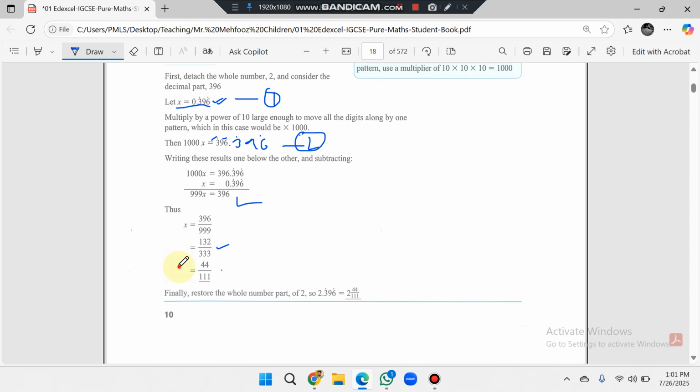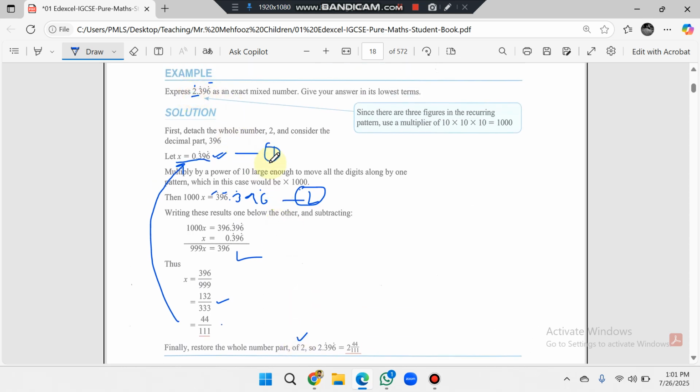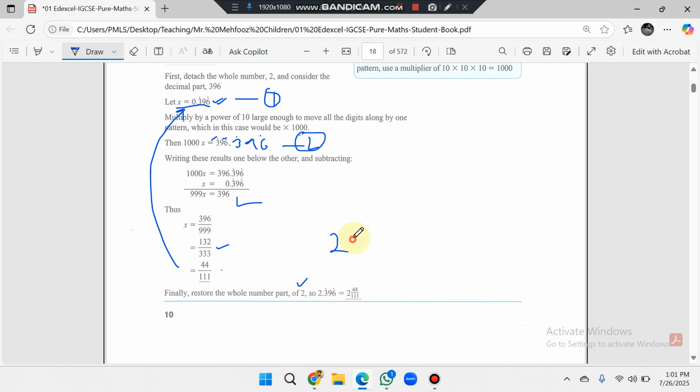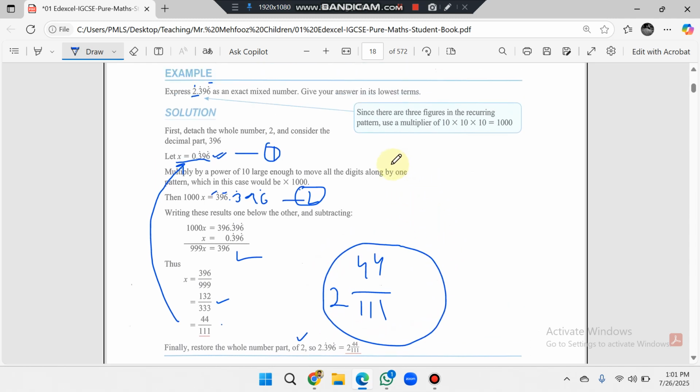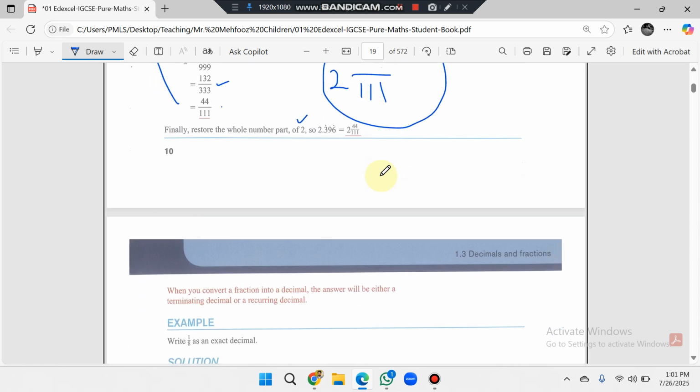So this is the value of x. But we also have the whole number part, as we skipped it in the question, so we write 2 whole 44 over 111. This is the fraction form of this recurring decimal, okay?